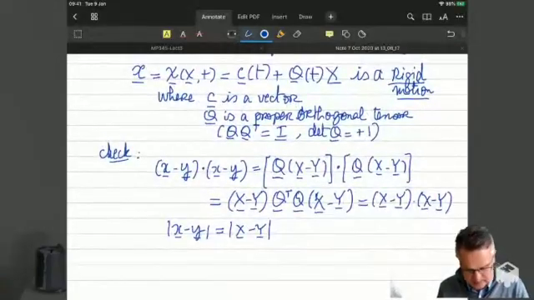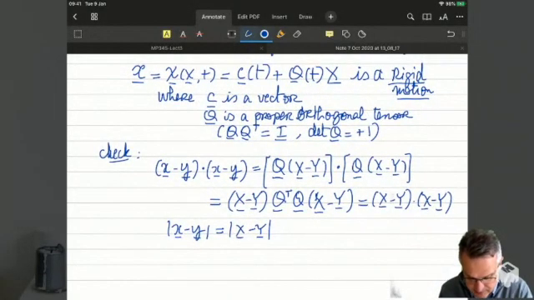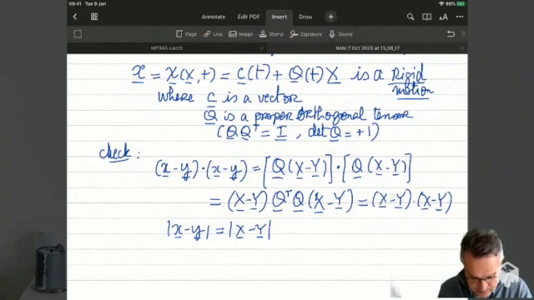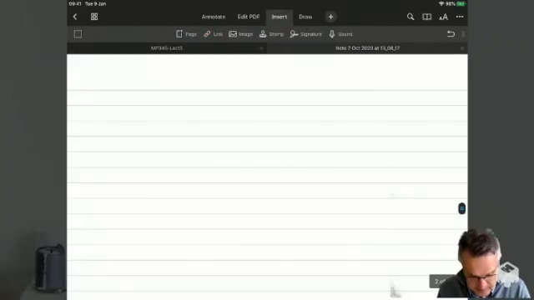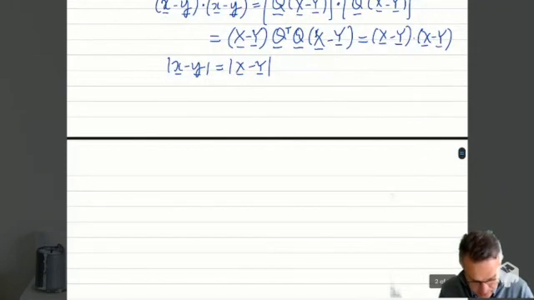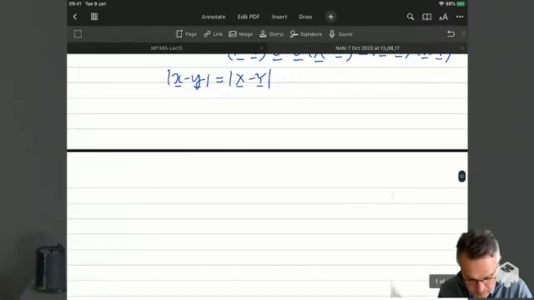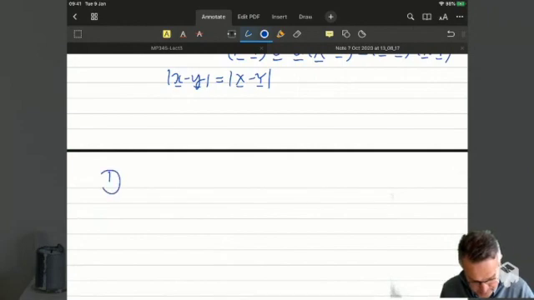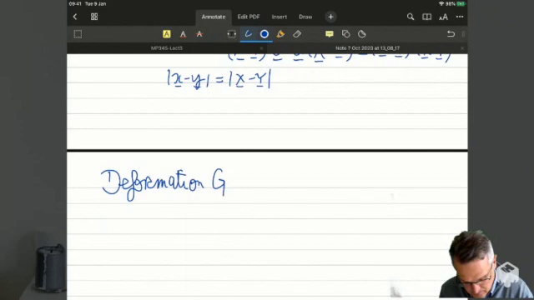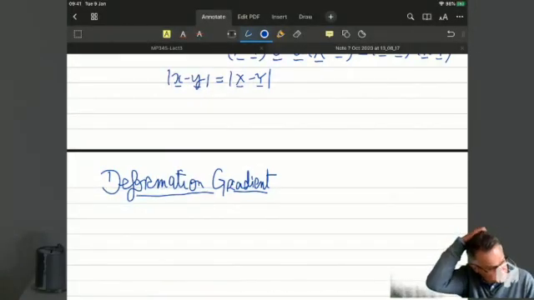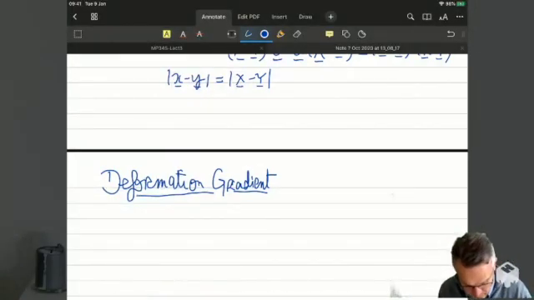All right, and this is what I'm going to do now by introducing a very important object, the so-called deformation gradient. So I should have written it here above.